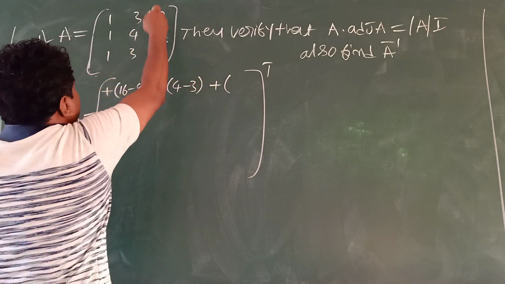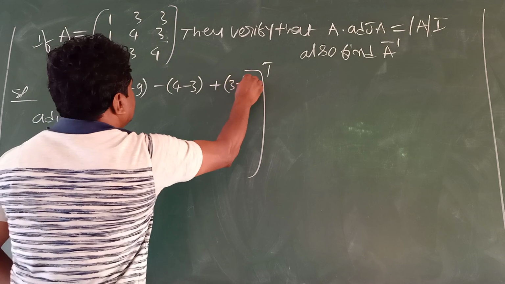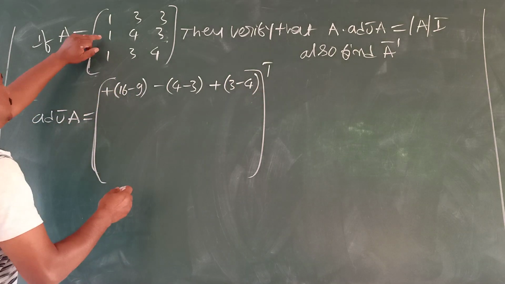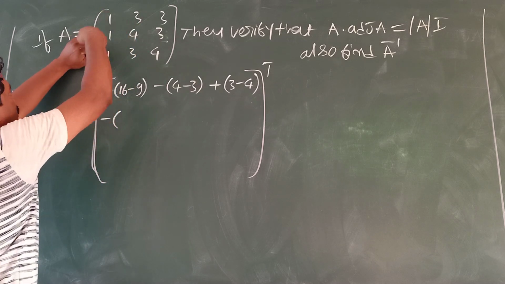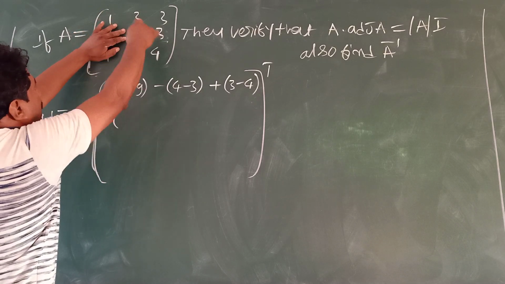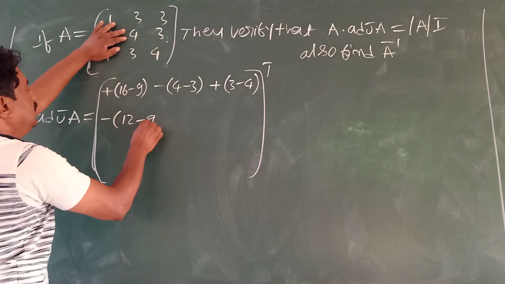Plus, 3 minus 4. Next, this element, minus, leave this row and column: 4 3 is 12 minus 3 3 is 9.